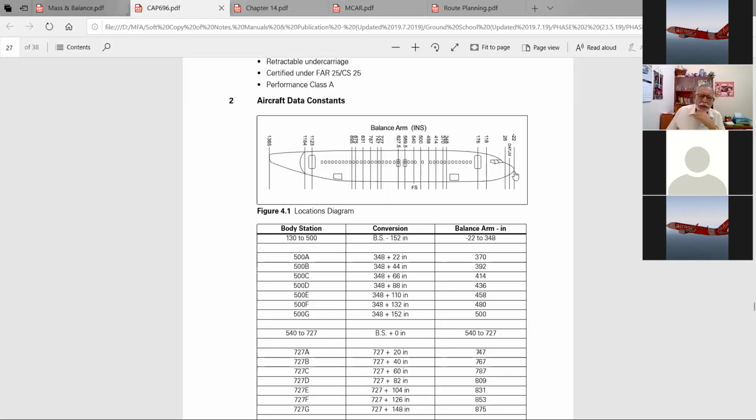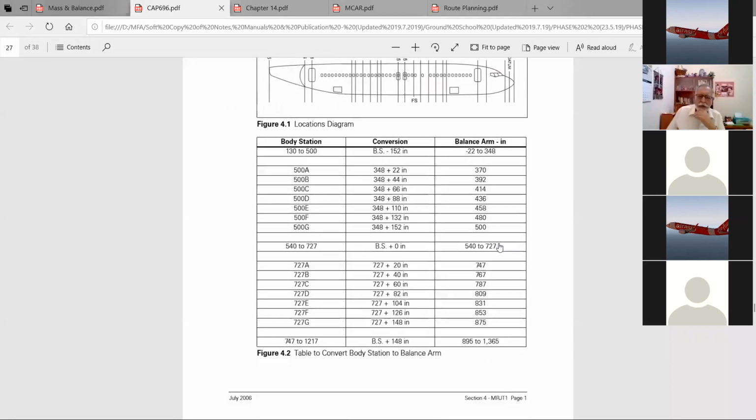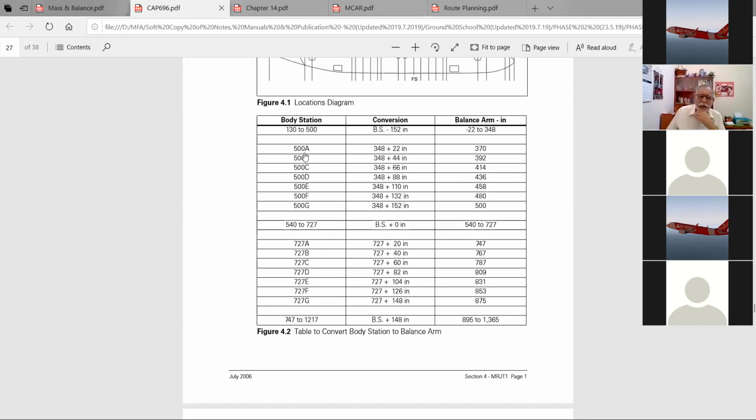The original balance arm was 130. Now because you added this new portion of the fuselage, the body station has changed and we can still use it as an arm. So if we have body station number 500, what will be the new balance arm? 348. Body station minus 152, that is 348, very correct.